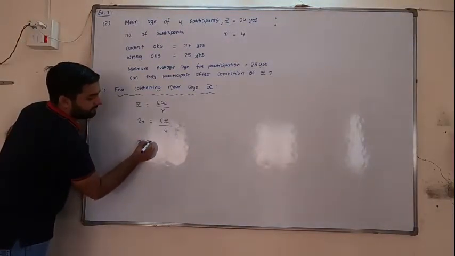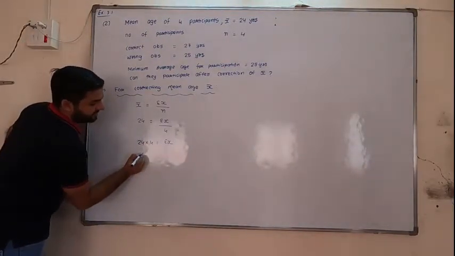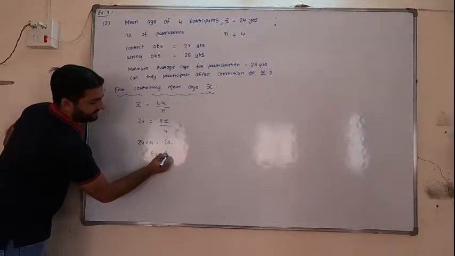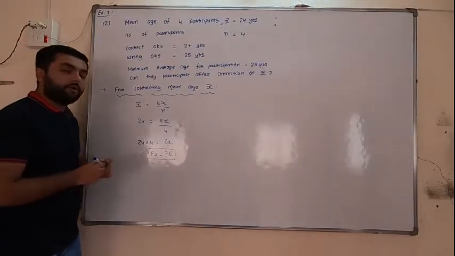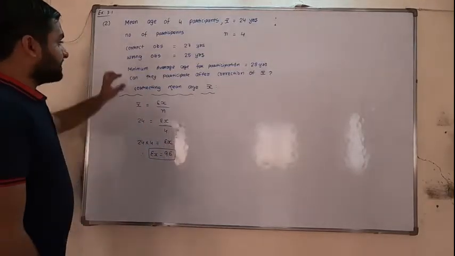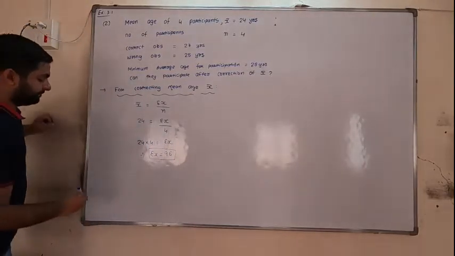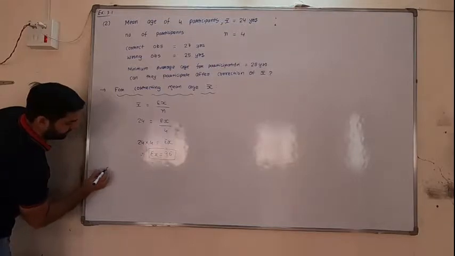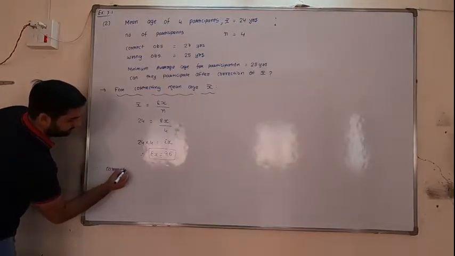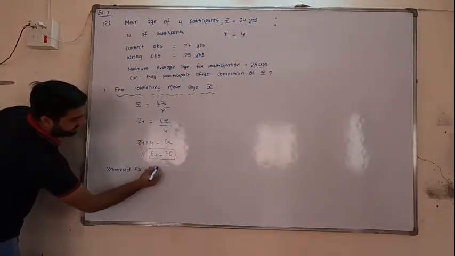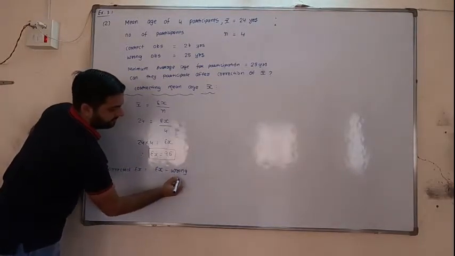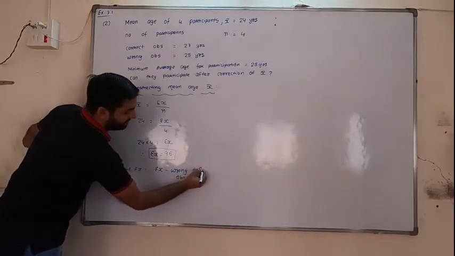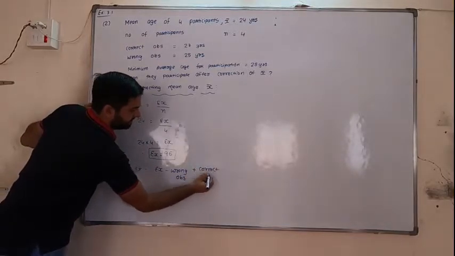So 24 into 4 is equal to sigma x. Therefore, sigma x is equal to 96. It means the sum of age of all participants is 96. Now we need to correct this. Therefore, corrected sigma x is equal to sigma x minus wrong observation plus correct observation.